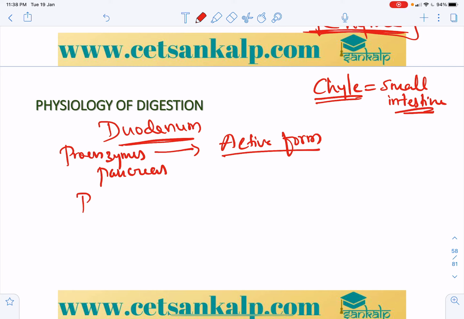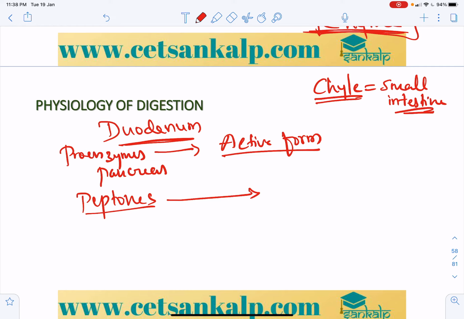All these things take place simultaneously. It is not like first the pancreatic amylase and later the other enzymes; all together they act simultaneously.